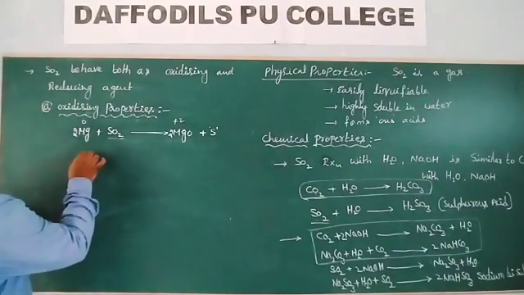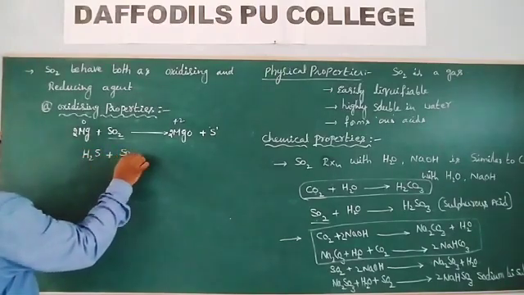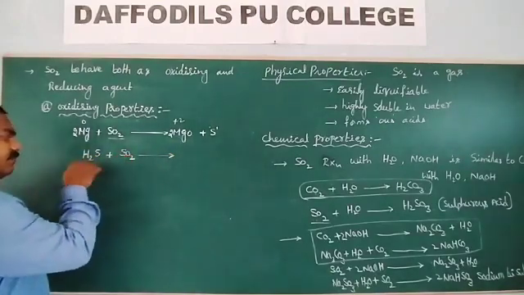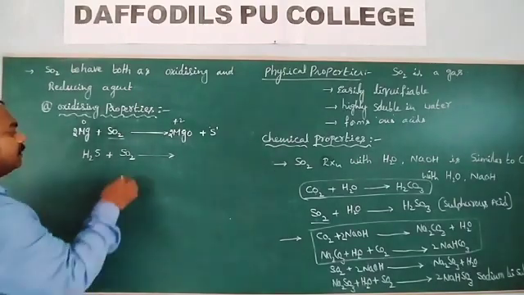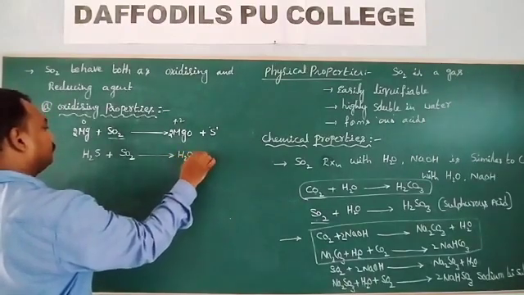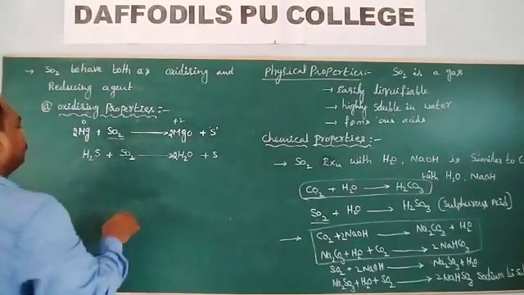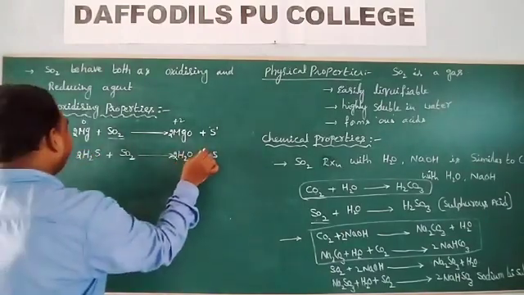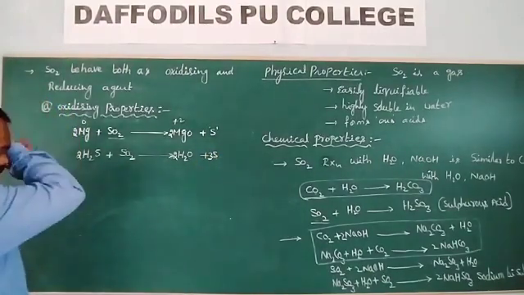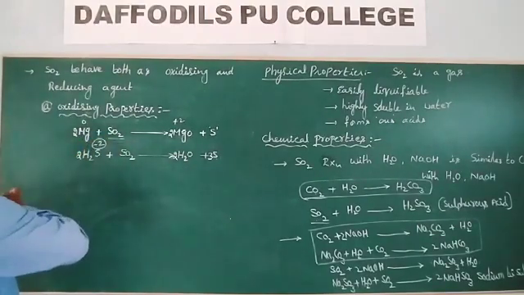Look at another reaction. Into a hydrogen sulfide solution, when sulfur dioxide gas is passed, you get sulfur. Look at the sulfur oxidation state in H2S: here it is -2.